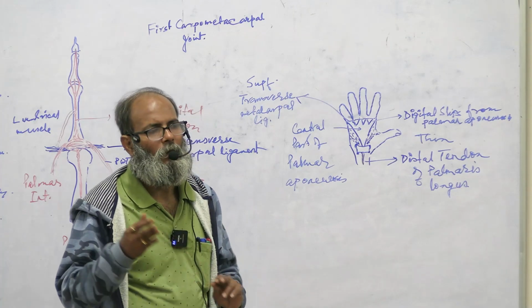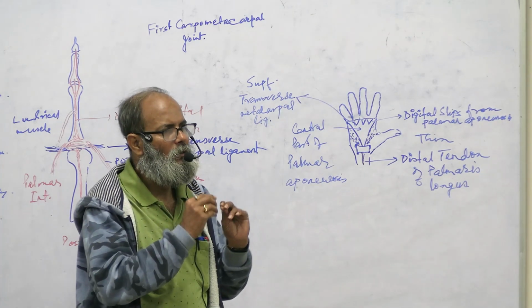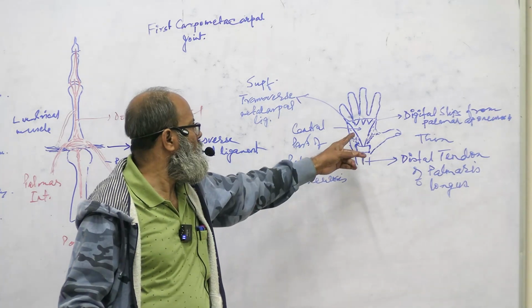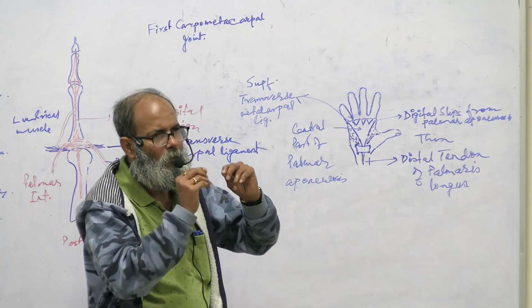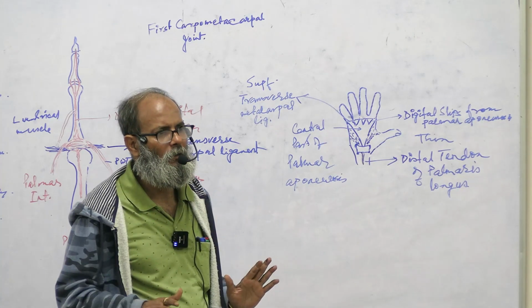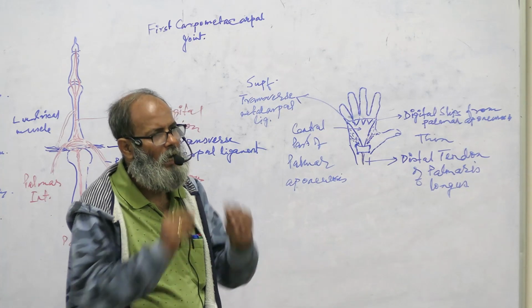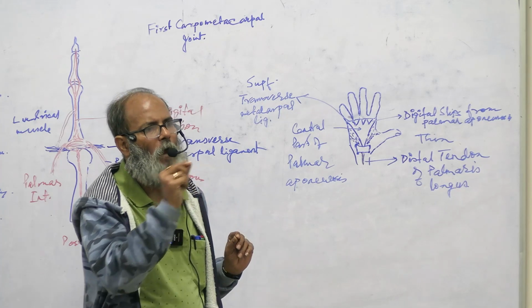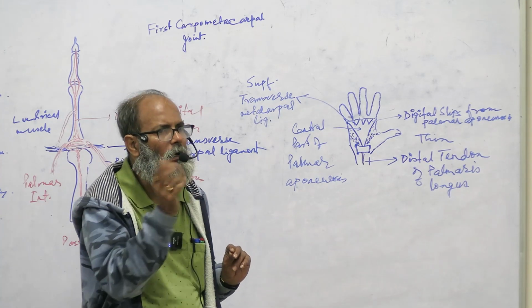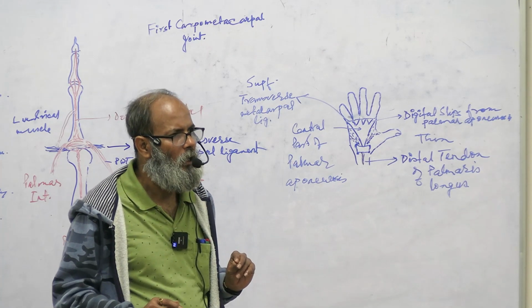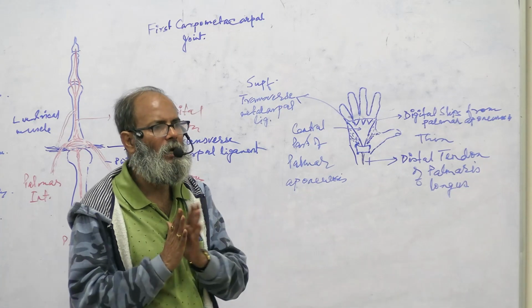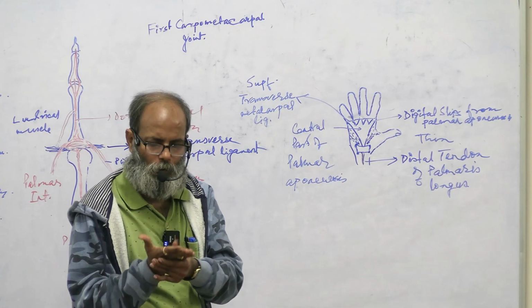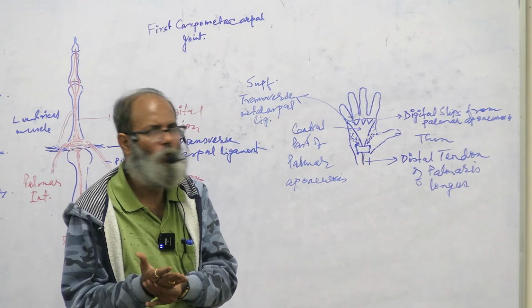Now, the skin is adherent to the palmar aponeurosis by thin fibrous strands, and in between there are fat loculi. The skin is tightly adherent to the palmar aponeurosis, so the skin is almost immobile over the palm.